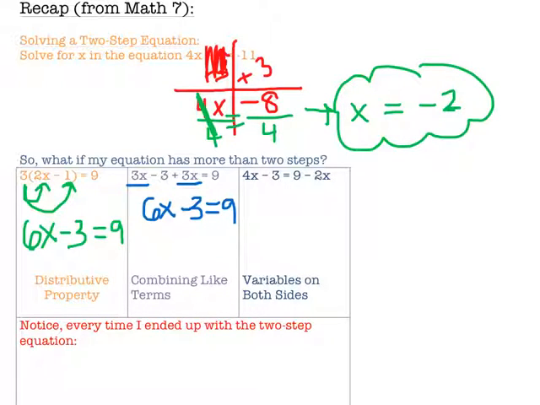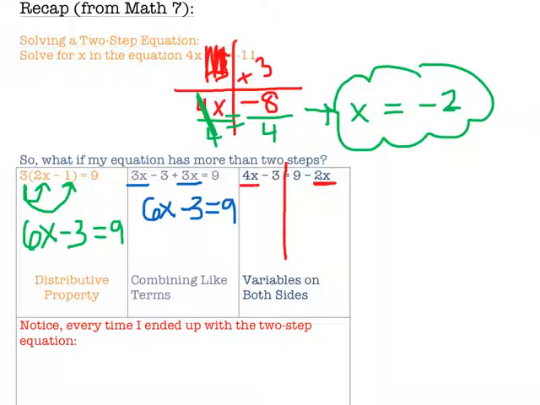But the other skill we're going to target with these multi-step equations is variables on both sides. So what I mean by that is here I have an x, and here I have an x. Now, I can't really continue solving my equation and simplifying when I have an x on either side. So what I'm going to do here is just move one x to the other side.